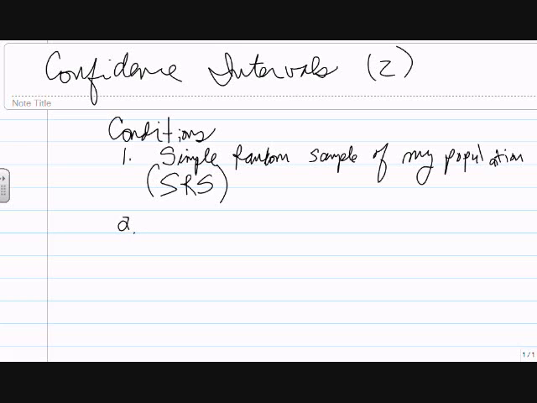Condition number 2, I need my sampling distribution to be approximately normal. And what things will give us an approximately normal sampling distribution?